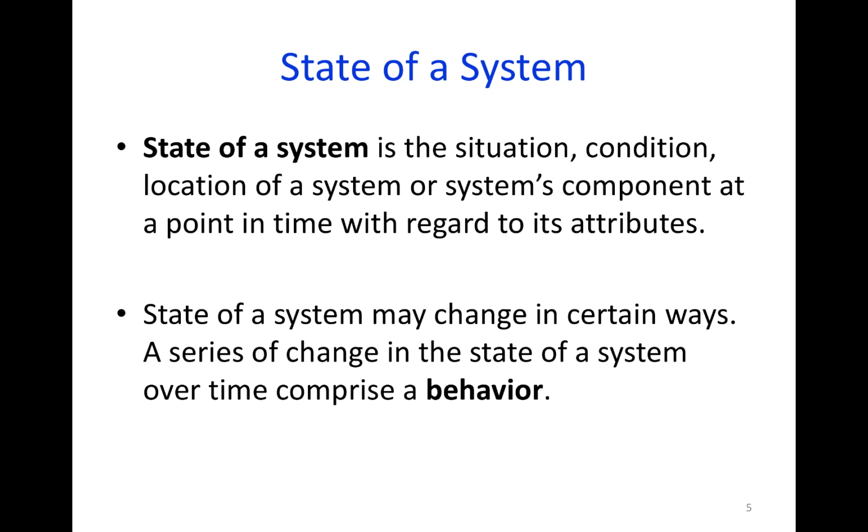For example, we would like to know the profit of that company in each month. We would like to know how many customers they have had, what is their timeliness of response to the customers, and several other factors. These are all metrics that the management of the company has so that they can monitor the behavior of the system. So the collection of these metrics at any point of time is what we call the state of the system.